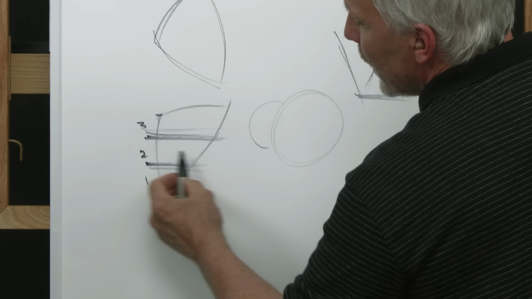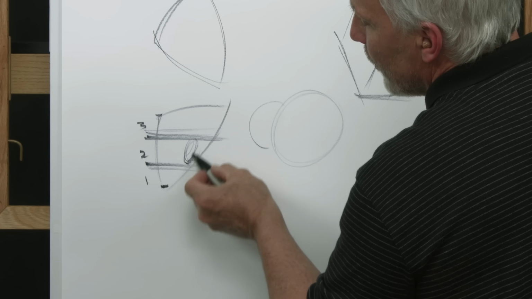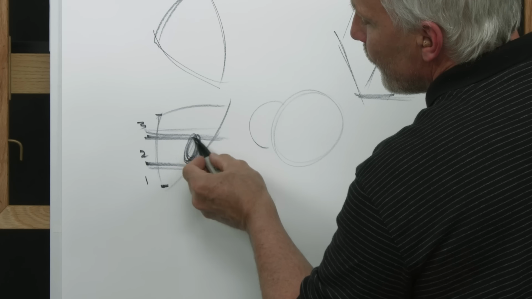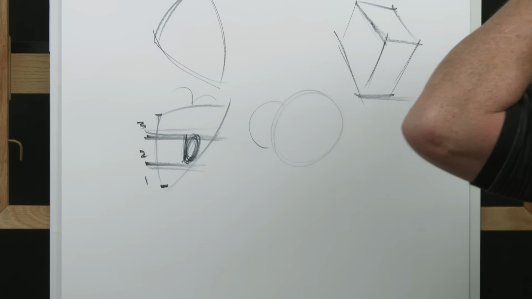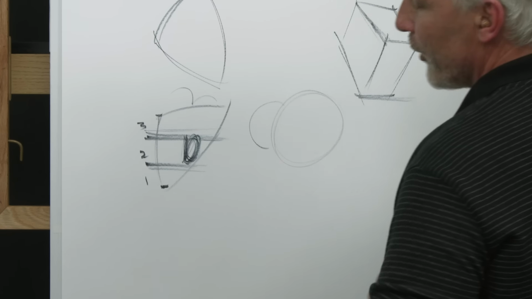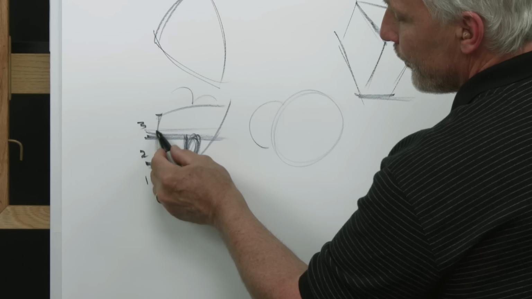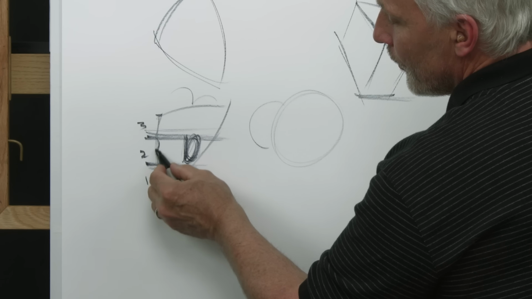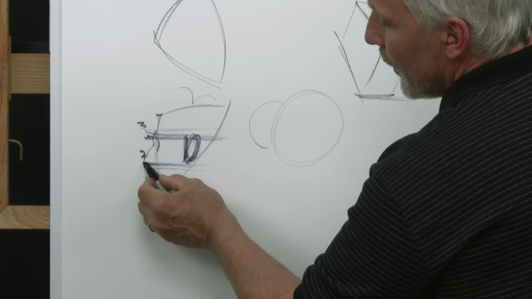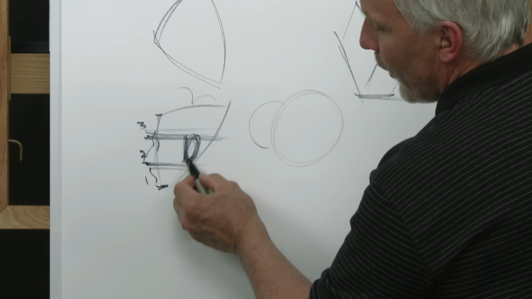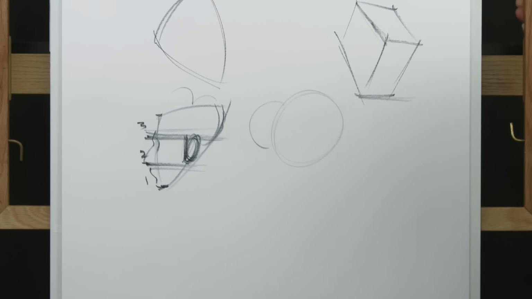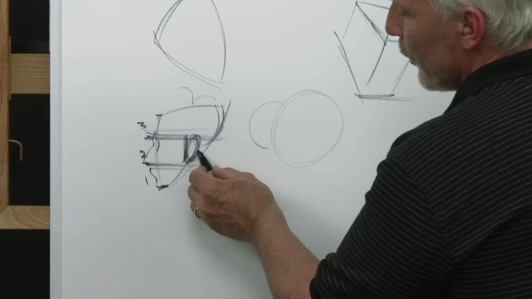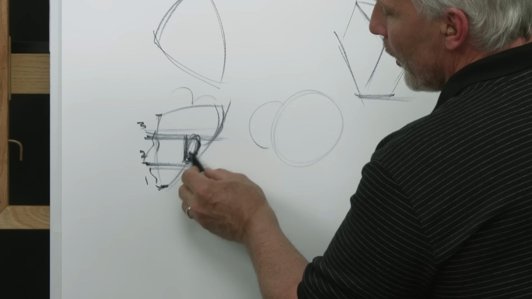Let's say those are equal, and we put the ear right in the middle, that way and this way. That's a perfect profile. We'd add on all the stuff. I'll add a little bit of the stuff just so you can feel the truth of that idea. That's a perfect profile, give or take proportions, of course, of the character you're drawing.